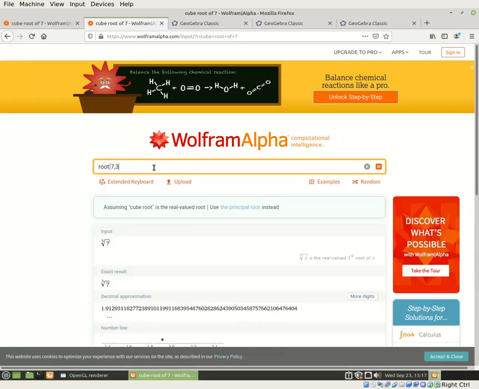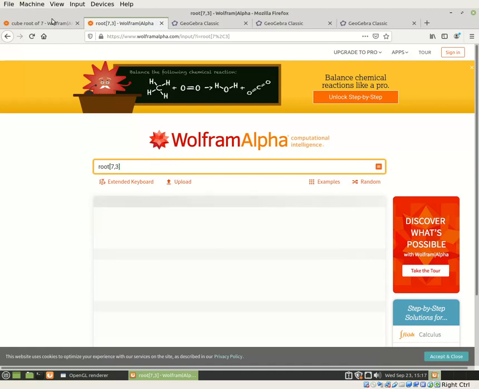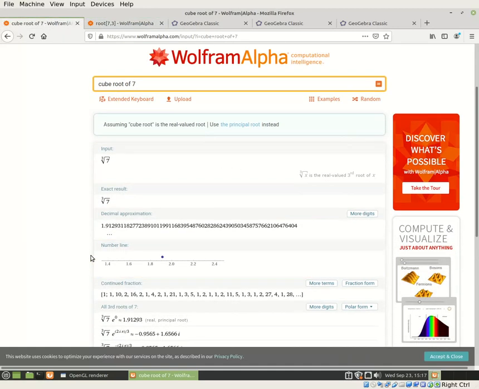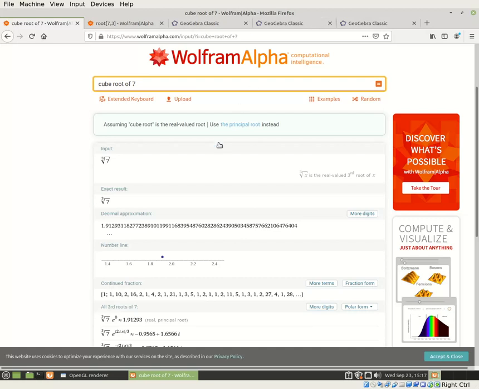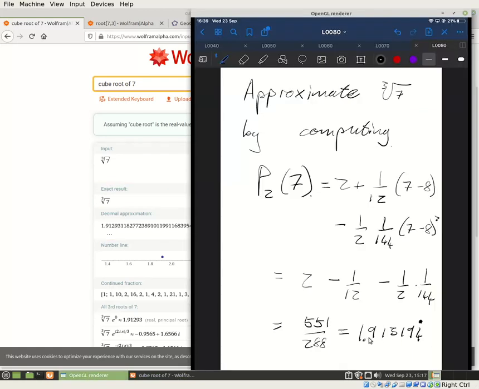There we go. Cube root of 7 is 1.912931. And what did we get? 1.913194. So here the third decimal digit is off, we make an error there. But 1.91 is a fairly good approximation to the cube root of 7.